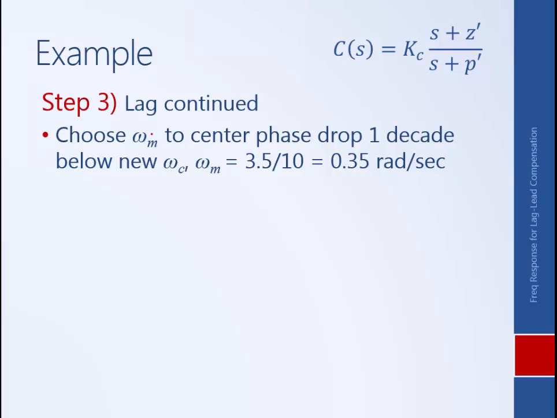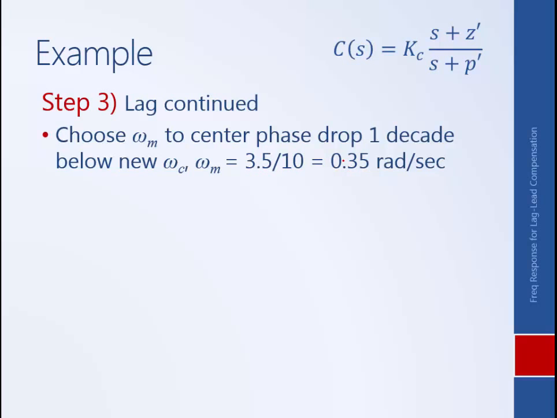In general, we're going to center it such that the maximum phase lag is a decade before our new crossover frequency. So our crossover frequency that we're trying to achieve is 3.5 radians per second. A decade below that, a factor of 10 below that, is 0.35 radians per second.